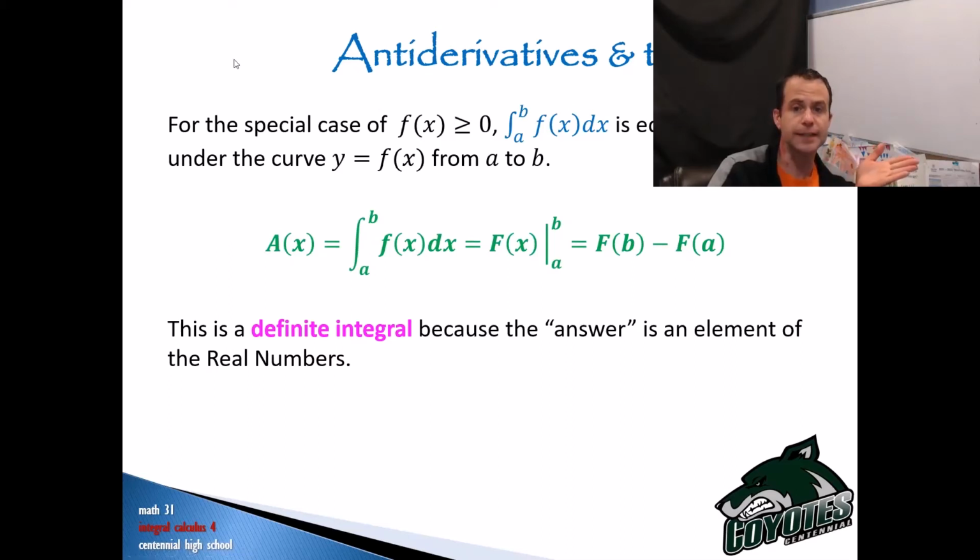This is called the definite integral. Remember, when we started all this, we were calling it an indefinite integral because we had that c there, and c could be anything. Now it's the definite integral because the answer is an element of the real numbers.